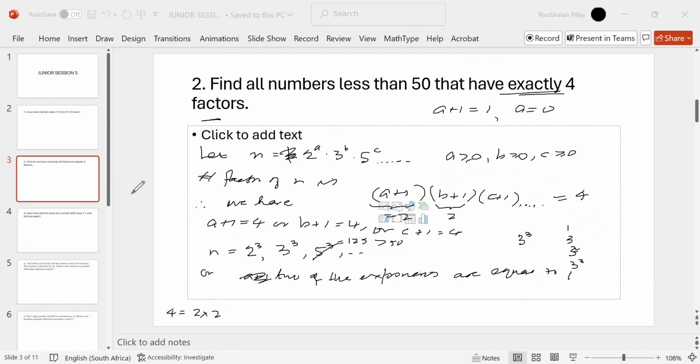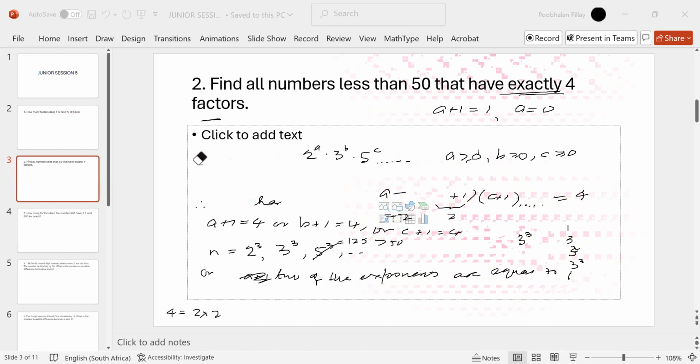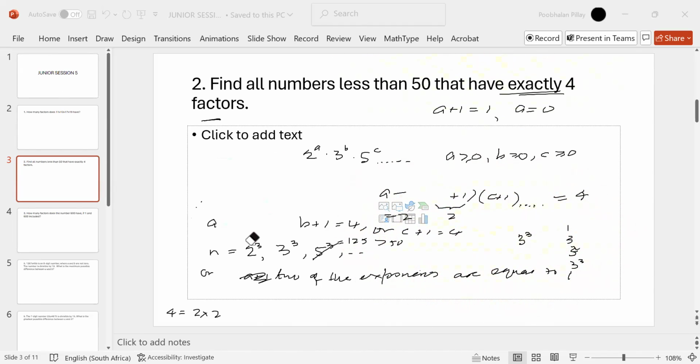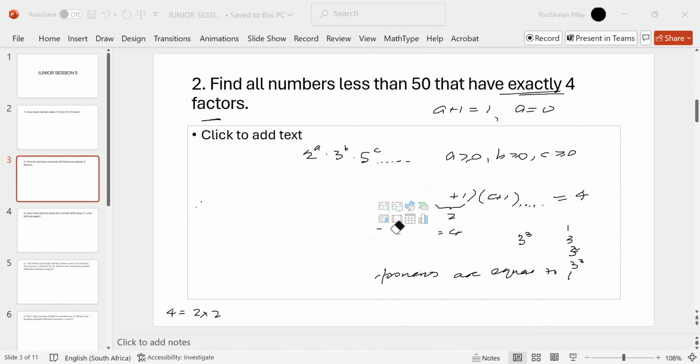So I'm saying 2 of the exponents are equal to 1. See? All right. So what does that mean? It means that the number is a product of 2 primes. Because if the exponents are equal to 1, so you have 2 times 3, for instance, in both cases, you got 2 primes, and the exponent is 1.